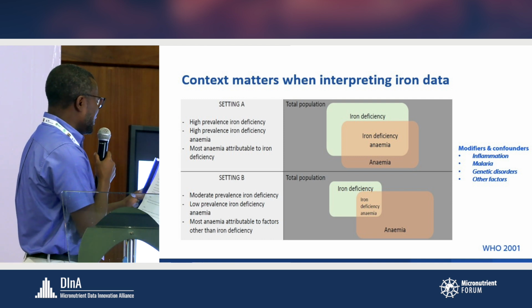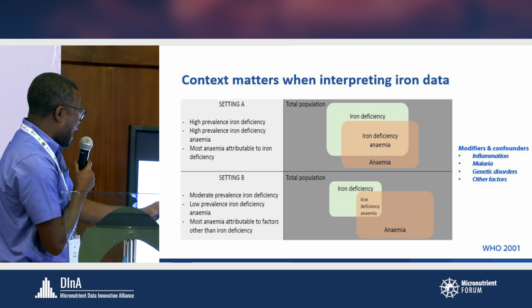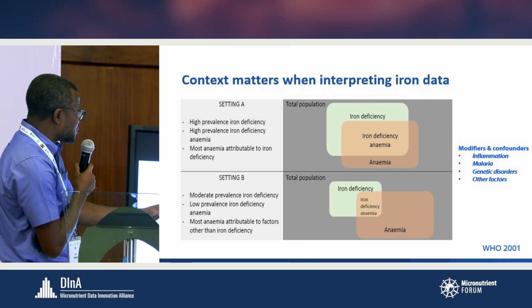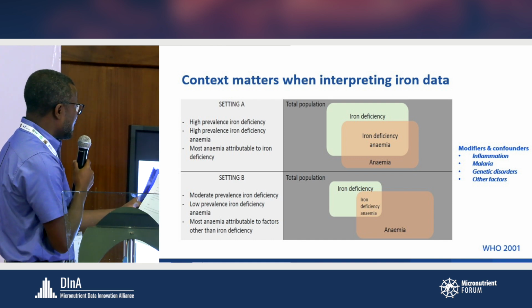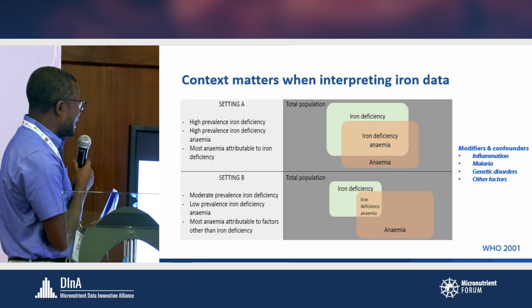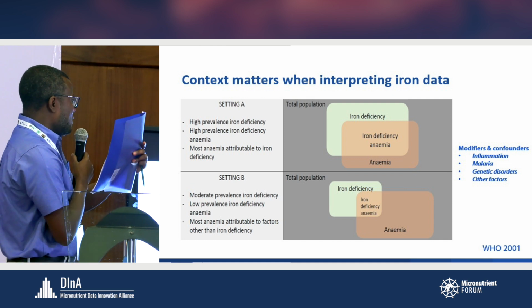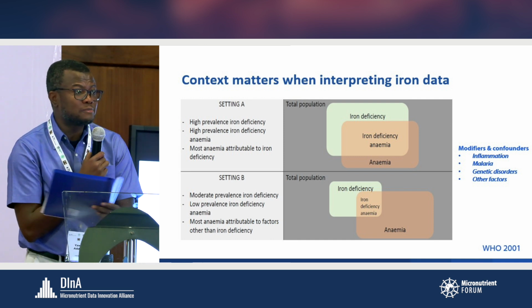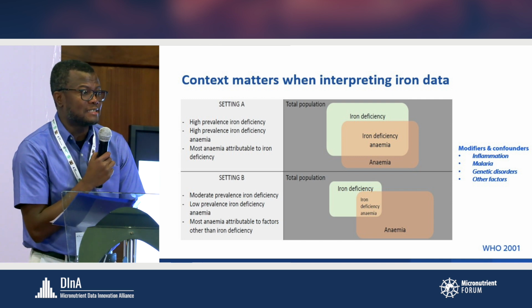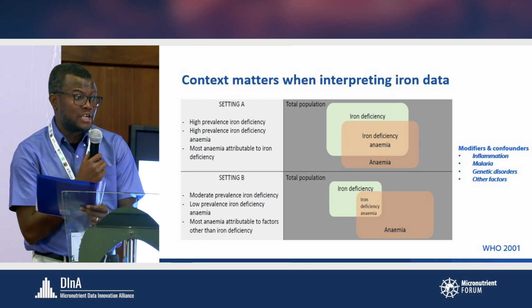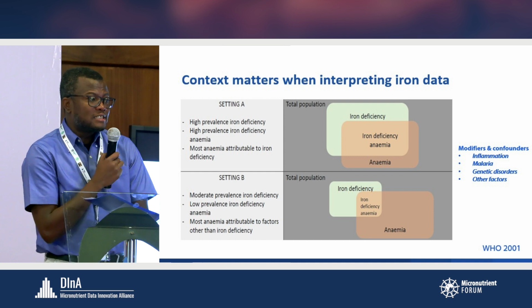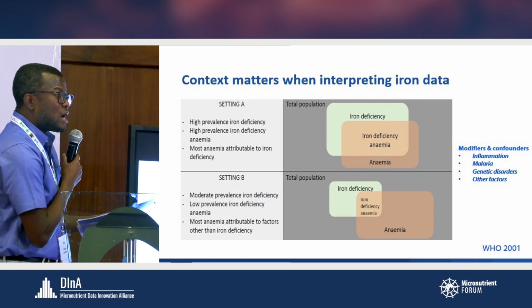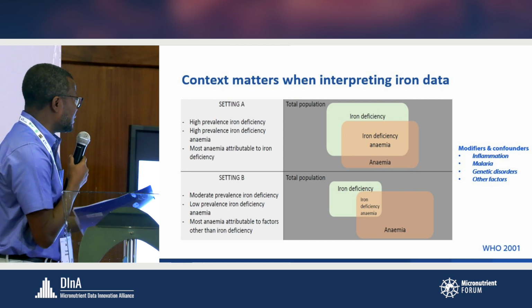But in setting B, the proportion of anemia due to iron deficiency is very small compared to setting A. This tells you that you can have a comparable anemia burden across different settings, but the drivers are different. So interventions that are rolled out will have different impact, although the burden is the same.